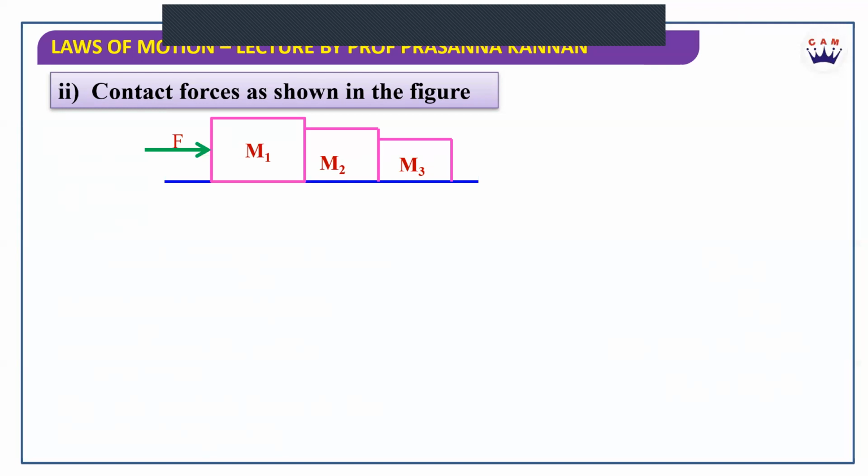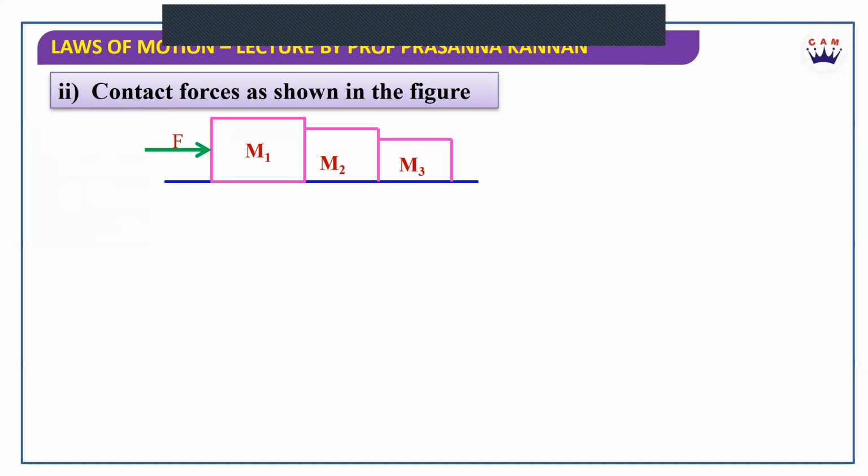So what will be acceleration from that equation? F is equal to ma. So what is A? F by M. Force by mass. So you know the force here. You know the masses here. So what will be the answer? F by... tell me the definition, students.